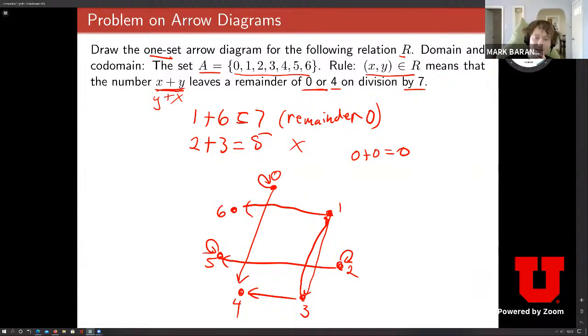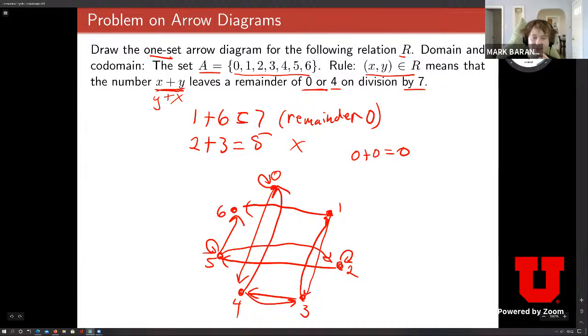4 and 0, yes. 4 and 1, that's 5, which is not. 4 and 2 is 6. 4 and 3 is 7, so that's in the relation. 4 and 4 is 8, which has a remainder of 1, so that's not there. 4 and 5 is 9, which has a remainder of 2, so that's not there. 4 and 6 is 10, which has a remainder of 3, so that's not there. 5 and 0 is 5. 5 and 1 is 6. 5 and 2 is 7. 5 and 3 is 8. 5 and 4 is 9. 5 and 6 is 11, which has a remainder of 4.